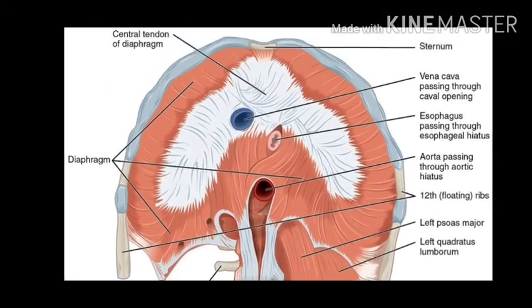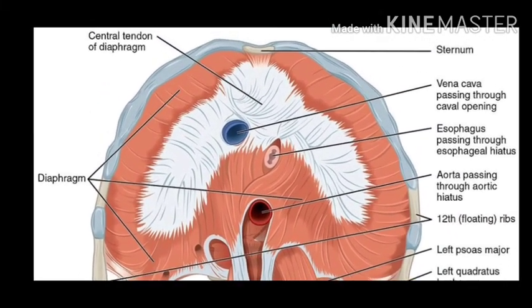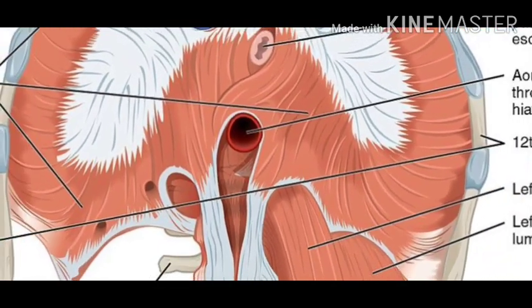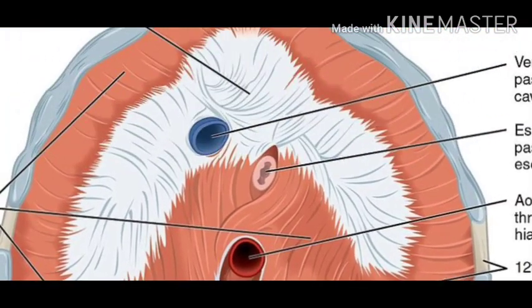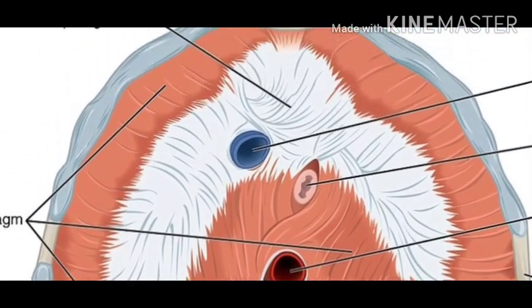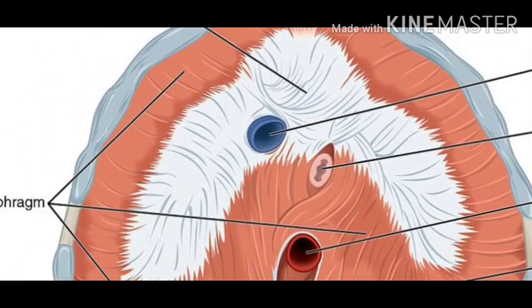This is the central tendon of the diaphragm where the vena cava opening is present, and below it the esophageal opening and the aortic opening, right?